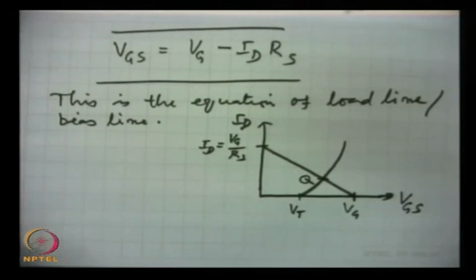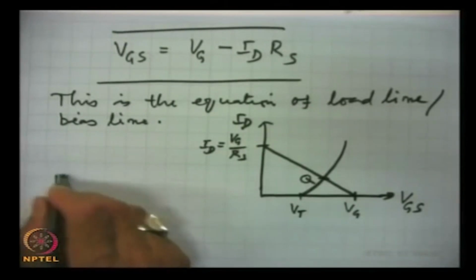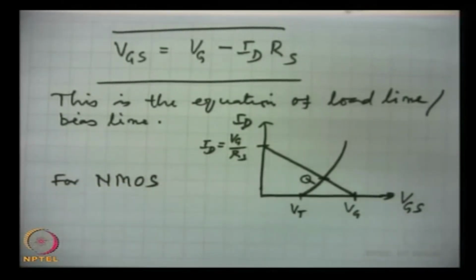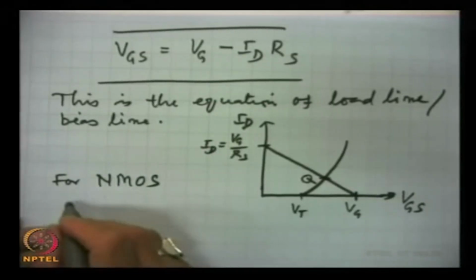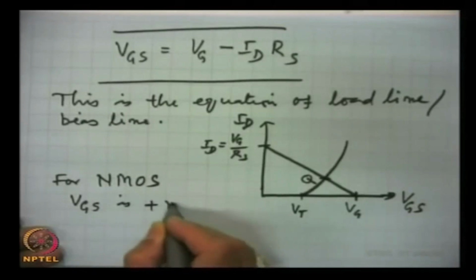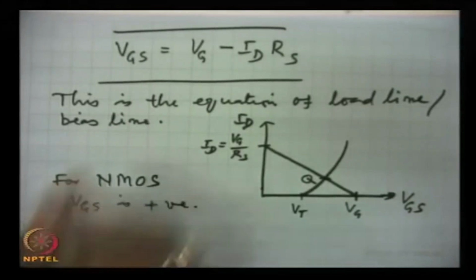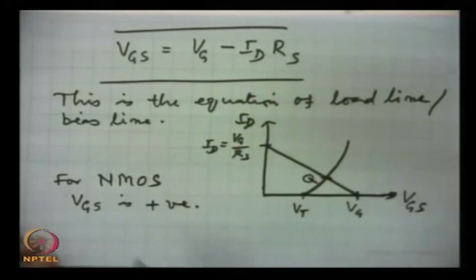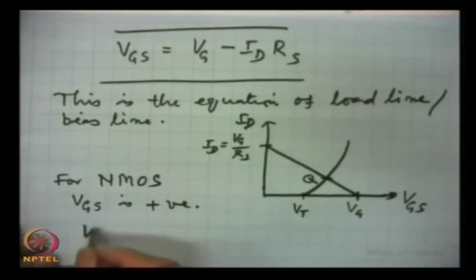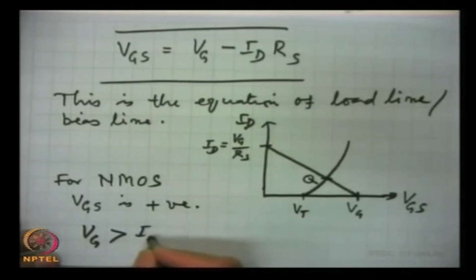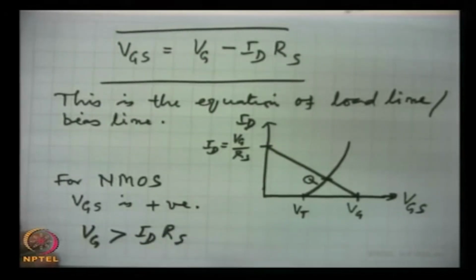And now we will proceed to find out how to get negative and positive voltages. First, let us take an NMOS, an N MOSFET, where VGS is positive. And for positive, from this load line equation, Vg has to be greater than ID RS.